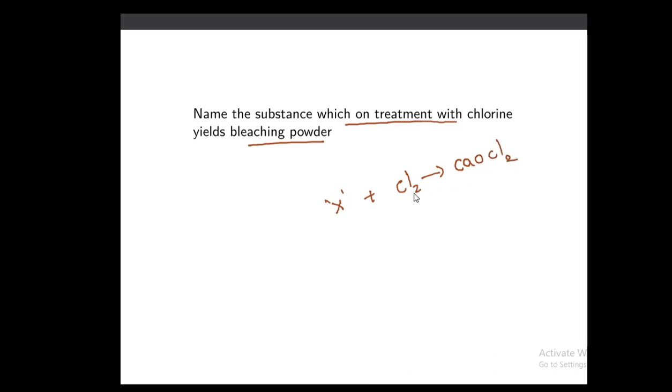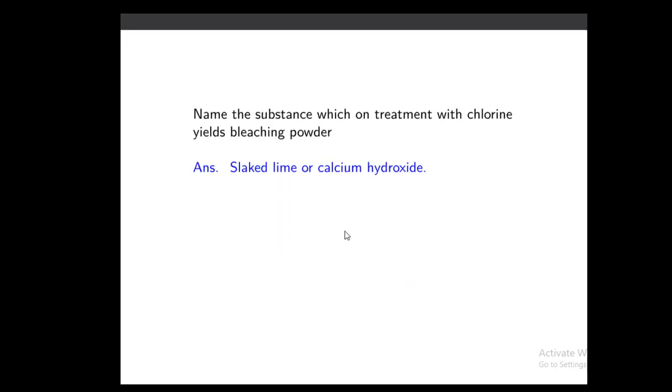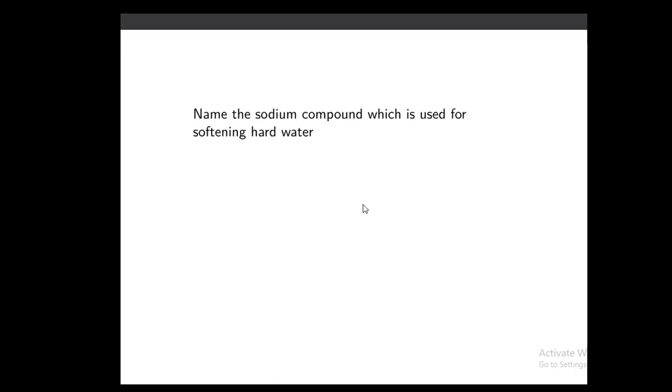So here we are having Cl2. What is the substance we have to get? We want slaked lime, that is nothing but calcium hydroxide. Slaked lime, or calcium hydroxide, when treated with chlorine, gives bleaching powder.